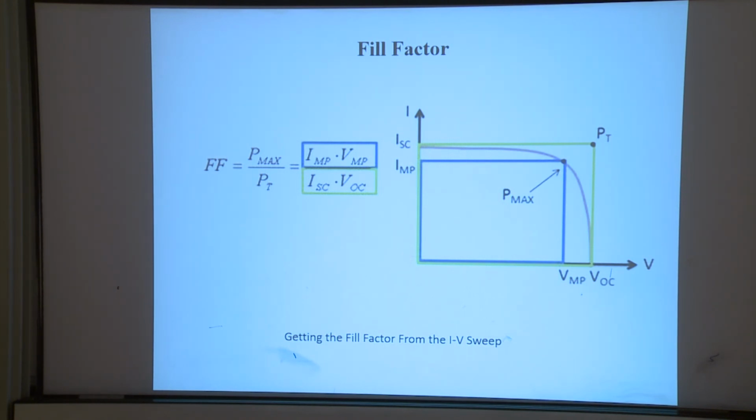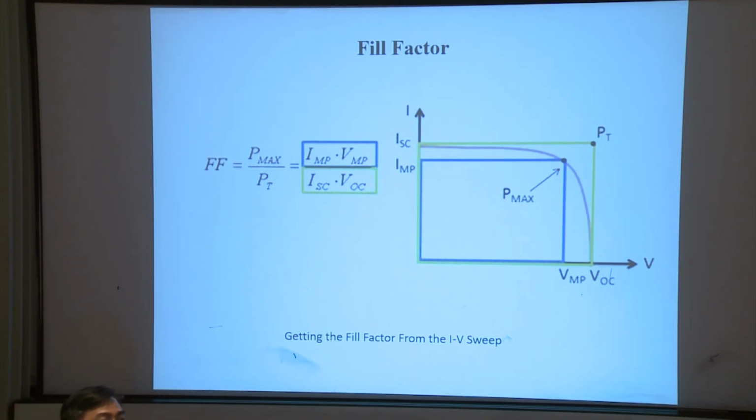Okay, so again, I mentioned on the previous page that the red one is the IV curve of the solar cell. You just need to find the point where the solar cell has the highest power output. And what is the fill factor? Fill factor is the area of the blue rectangle divided by the green rectangle, right? What do we use it for?